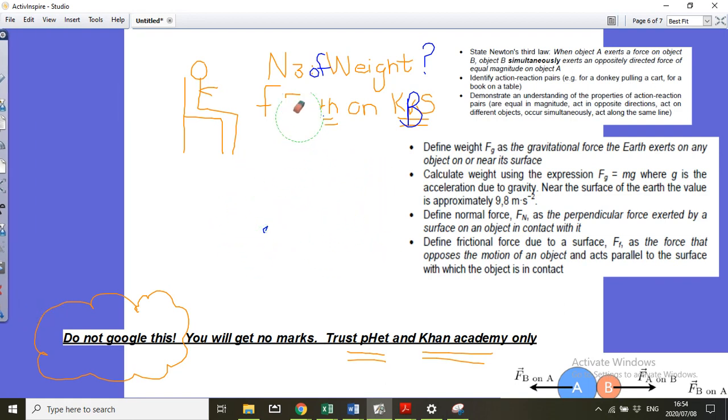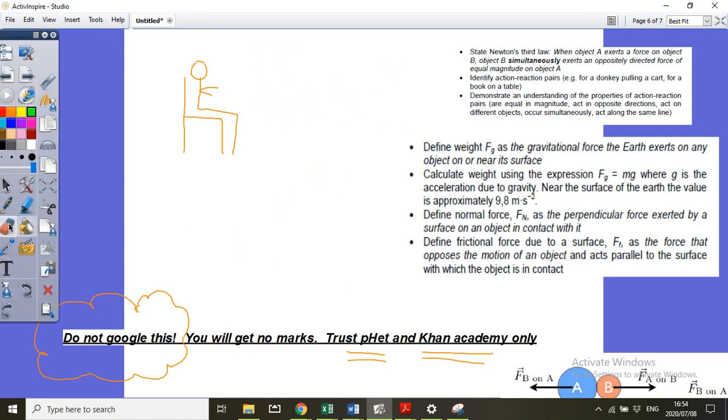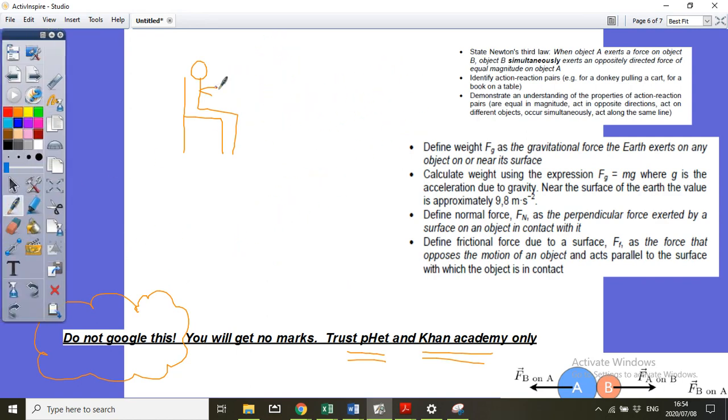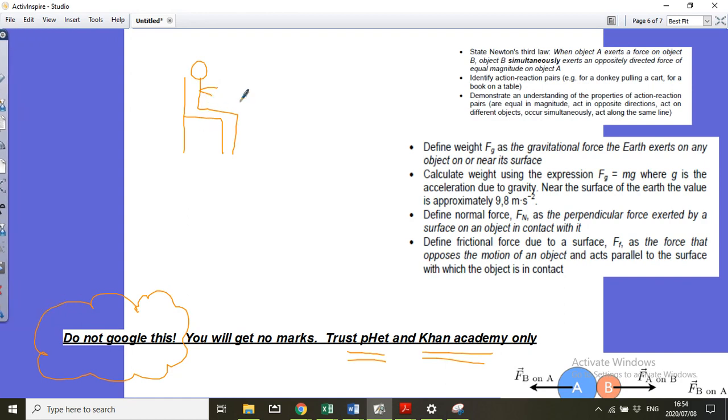So that's the first one that they always ask. Then the next one, again, they're not going to say, what's the force of kVs on the chair? Because that would be too easy. If I say, what's the Newton's 3 reaction force of the force of kVs on the chair?